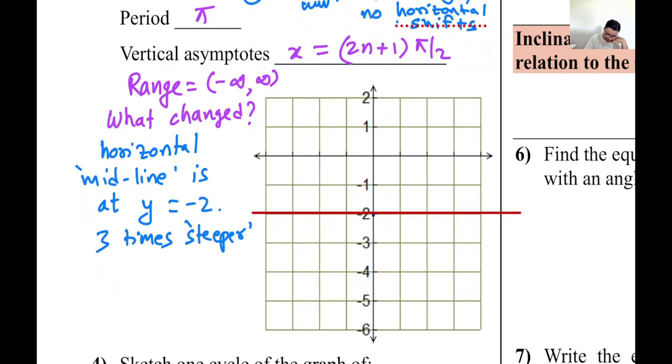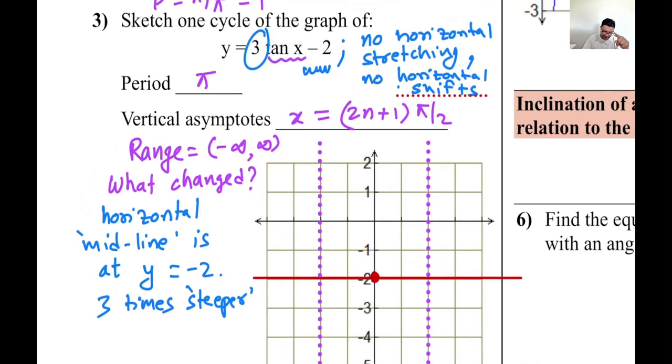So let me go ahead and mark them: negative pi over 2 here, positive pi over 2 here. And some other values, like 3 times steeper we said, right? And this is your new baseline, so 0 will be there.